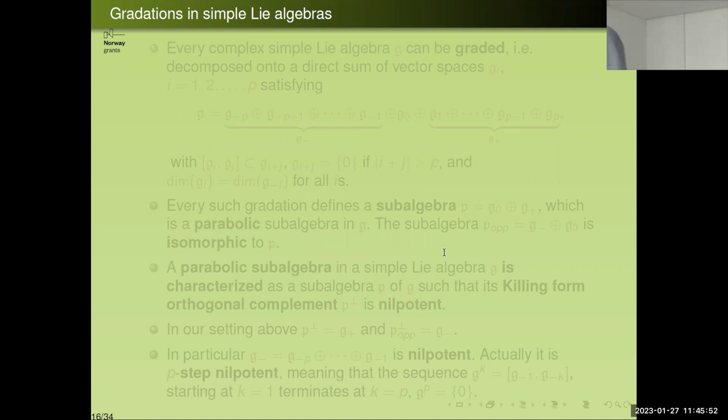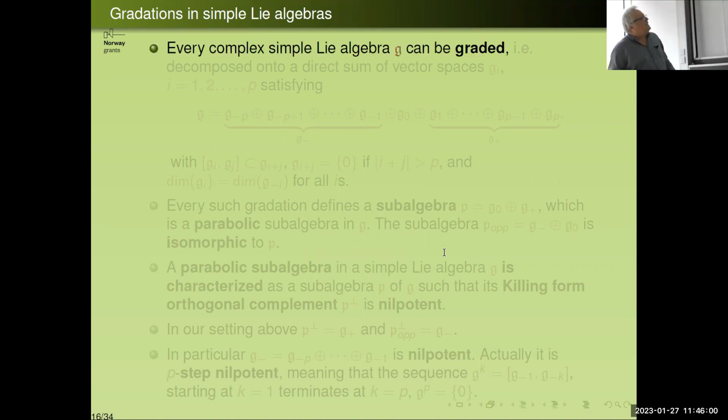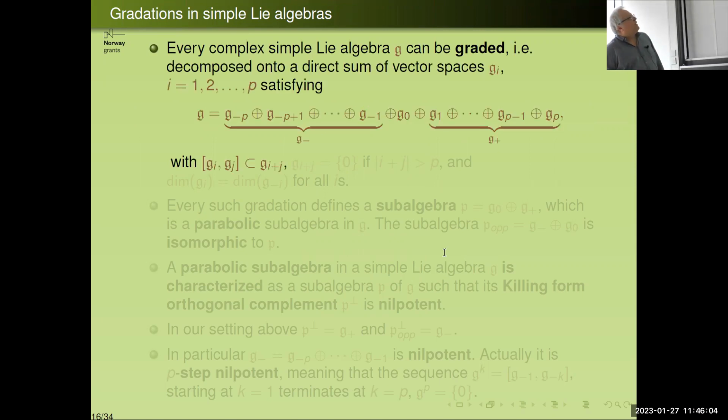Now the next step, which I have to tell you, is what they do. They know the following fact: every complex simple Lie algebra can be graded. That means it can be decomposed into a direct sum of vector spaces.